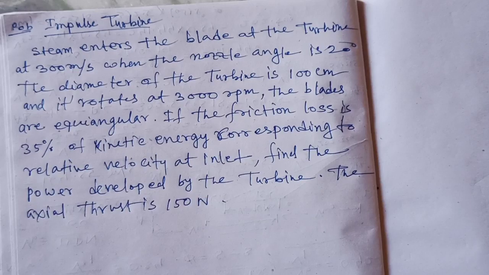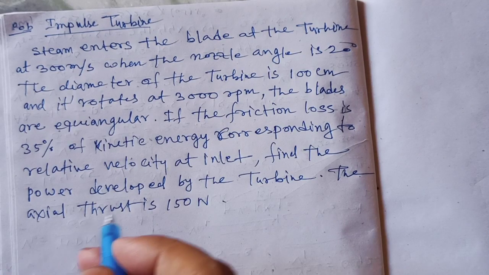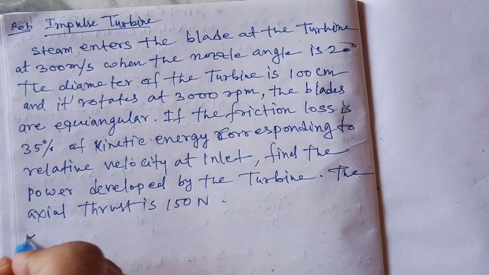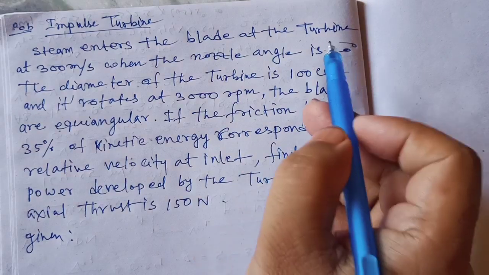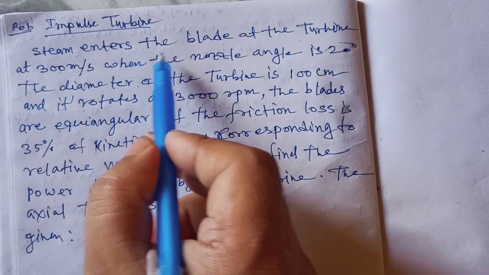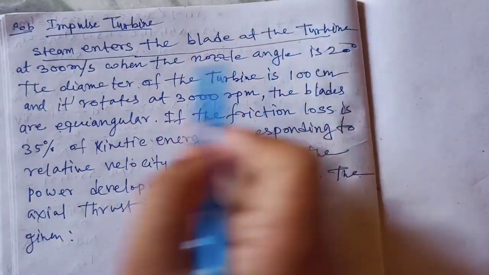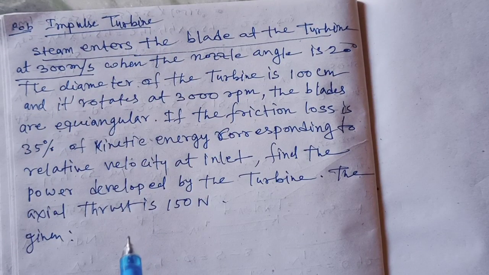Now I am going through this problem. Before that, we have to find the values given for this problem, the data. Here given data are: the steam enters the blade at the turbine at 300 meter per second.